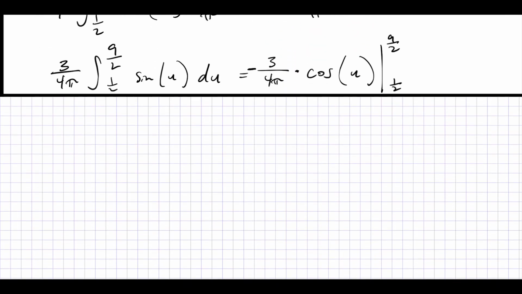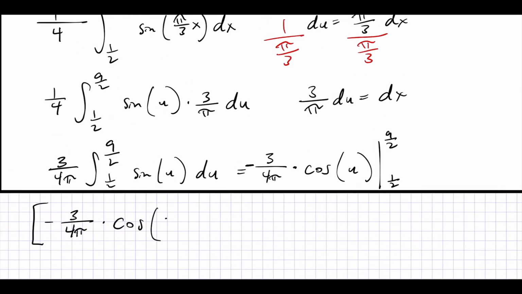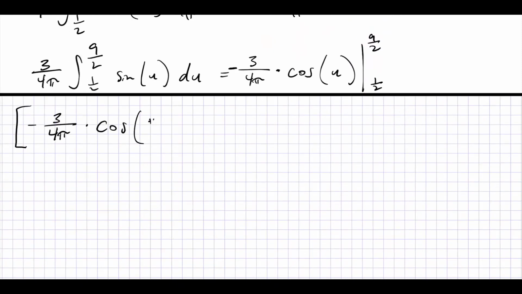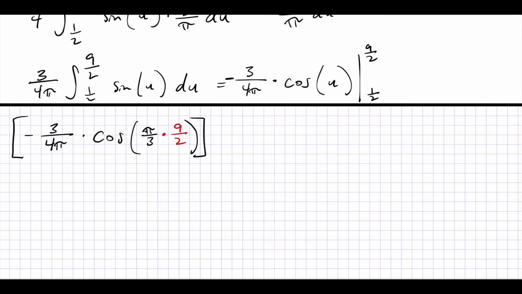First thing I have to do is plug u back in. So negative 3/4 pi, and u was pi over 3 times, the first one is going to be 9/2, minus the same exact thing, just instead of 9/2, it's 1/2.